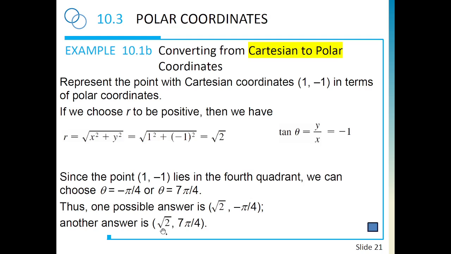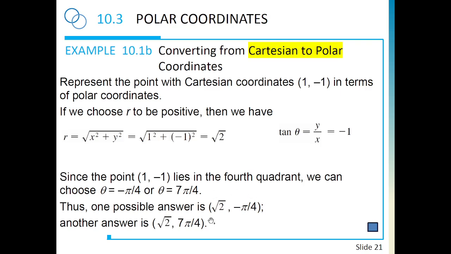Equivalent is r positive, angle positive. I could now say I would like to have r negative. So I could put minus radical 2, and then here I would need to add pi or subtract pi, whichever one you want. So those are the options.